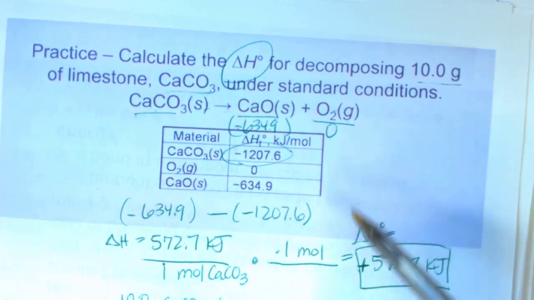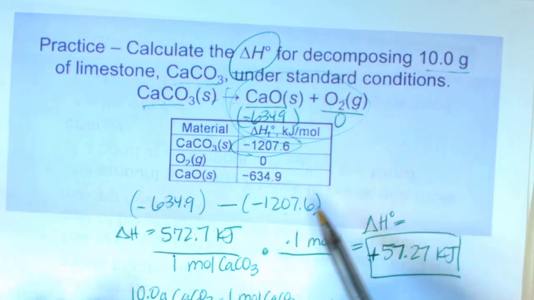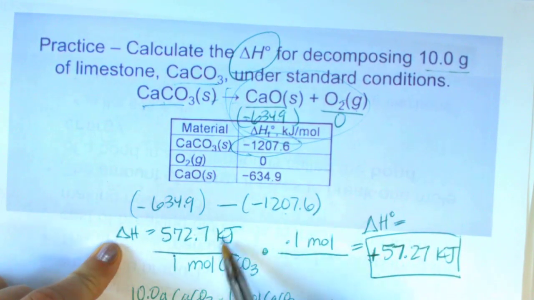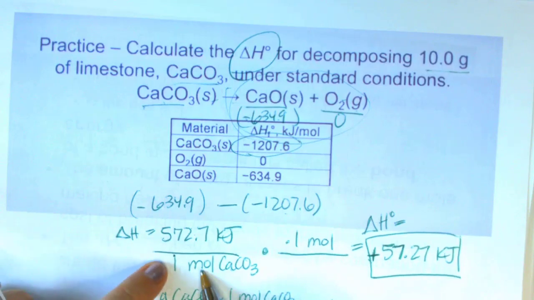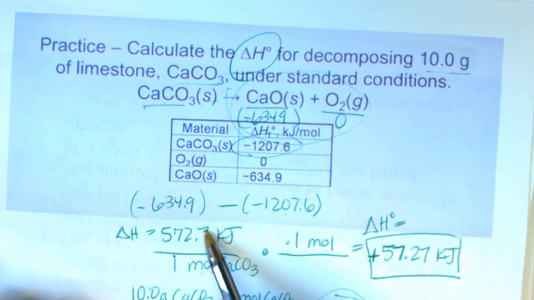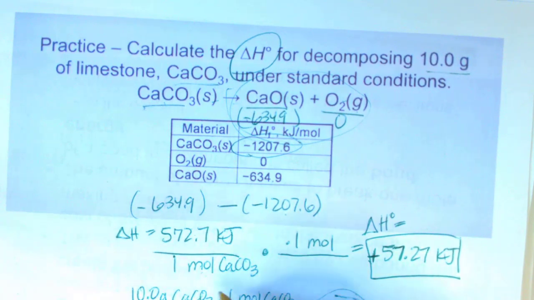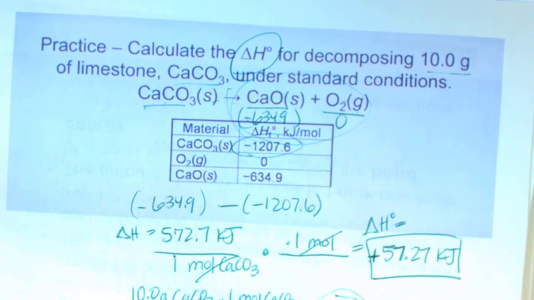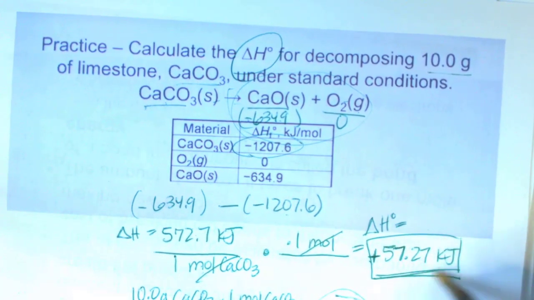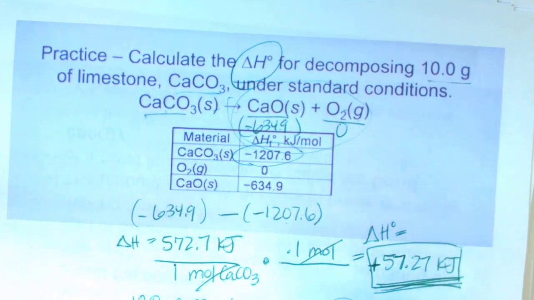And again, I took my products minus my reactants to get that delta H, and that was for 1 mole of calcium carbonate. We only had 10 grams, so we figured out 10 grams to moles, so we only had 0.1 moles. So by taking that per mole and multiplying it by 0.1 moles so that these moles are diagonal from one another and cancel out, I can find out how much energy was required to break apart 10 grams of that substance.